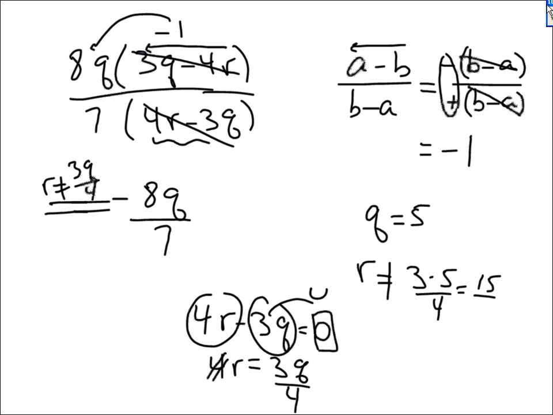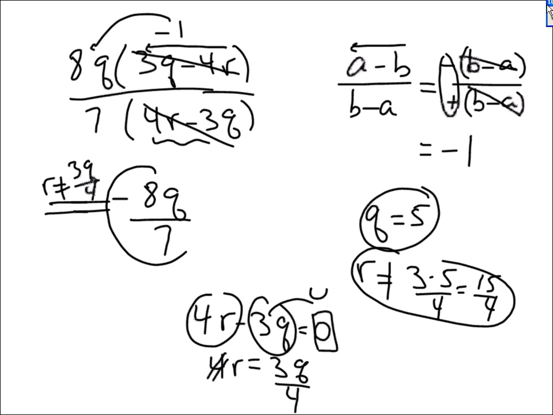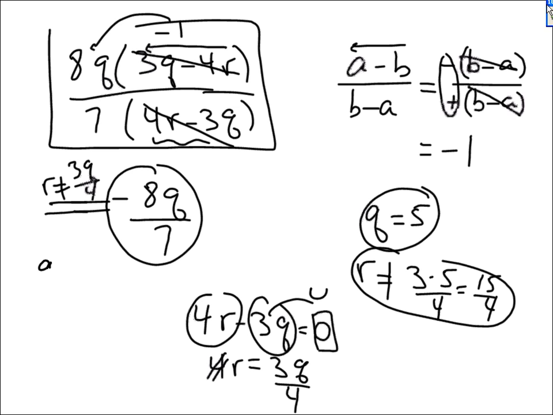If q is 5 and R is 15 over 4, it's indeterminate. It is not this. Okay, so if I ask you, what does this equal when q is 7 and R is 13?